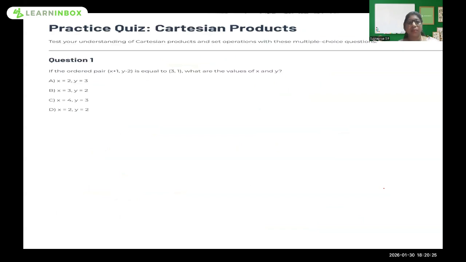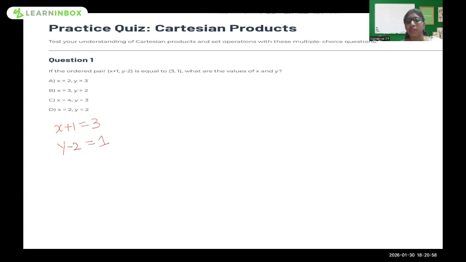Let's practice some small questions. The first question: if the ordered pair (x plus 1, y minus 2) is equal to (3, 1), what are the values of x and y? So what we have to do? The ordered pair is (x plus 1, y minus 2), and they are saying it is equal to (3, 1). So x plus 1 is equal to 3 and y minus 2 is equal to 1.